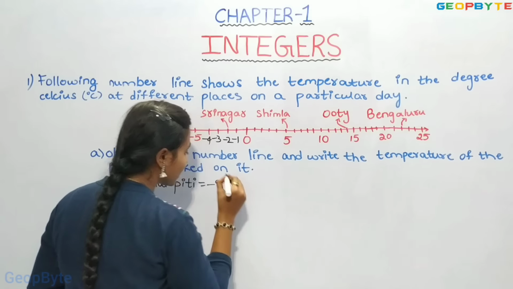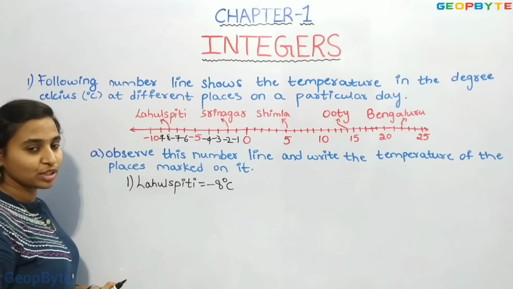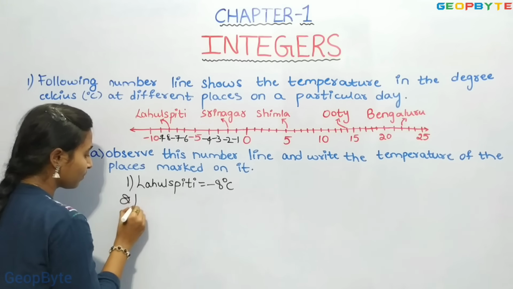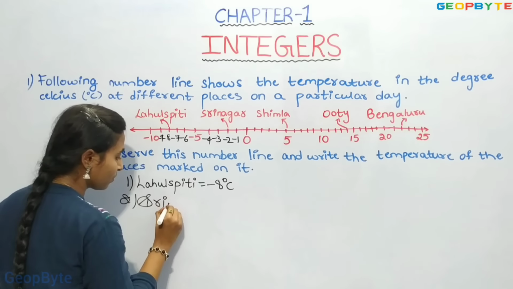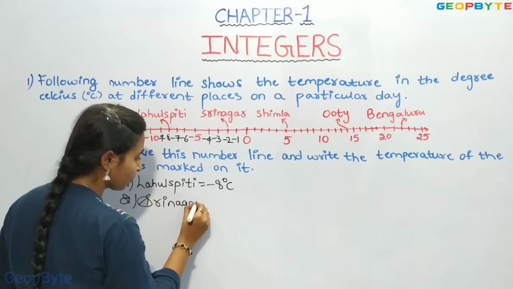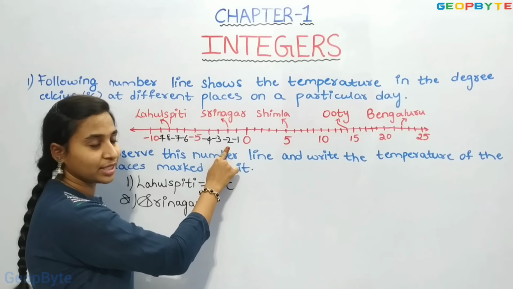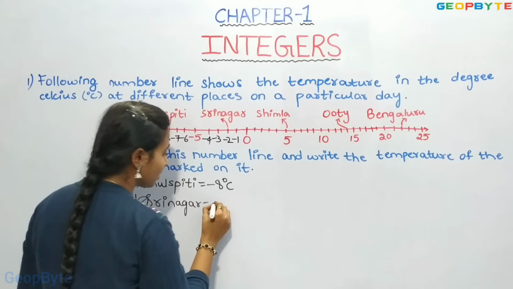Let us write -8 degrees Celsius at Lahulspiti. Now we have Srinagar. At Srinagar we have -2 degrees Celsius. Let us write.